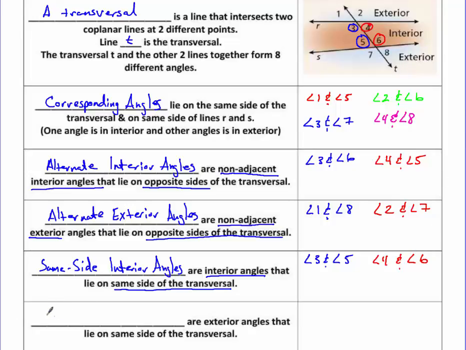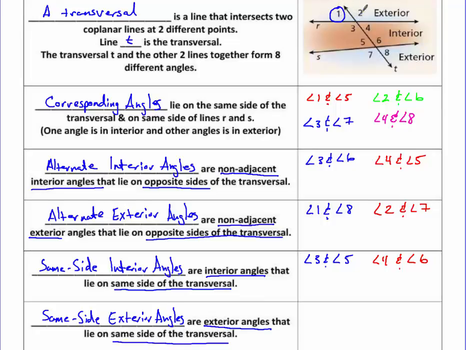And I bet you can guess what the last one's going to be called. They're going to be called same side exterior angles. So we look back up at our picture and we're looking for exterior angles on the same side of the transversal. So start with angle 1, that's an exterior angle.